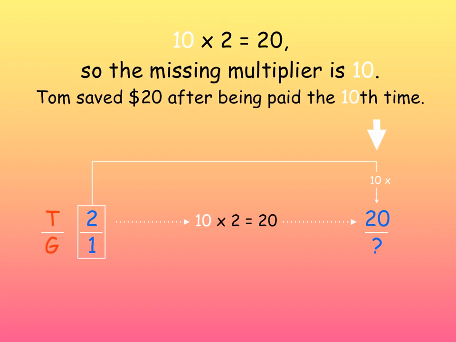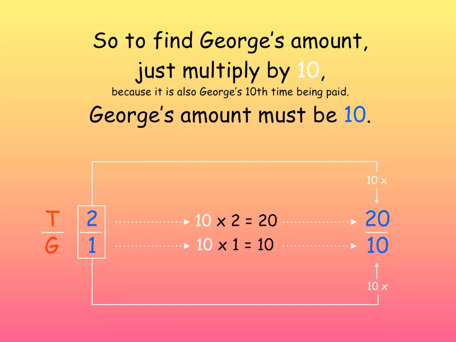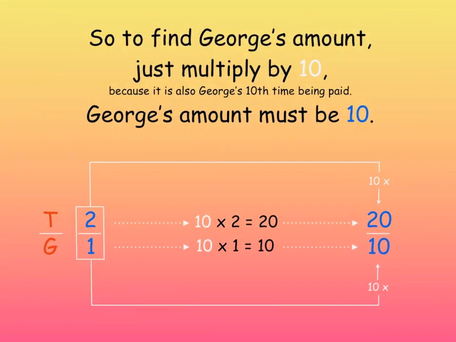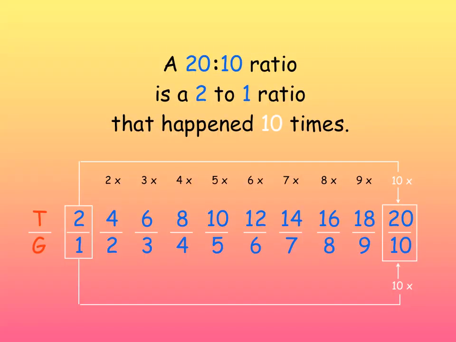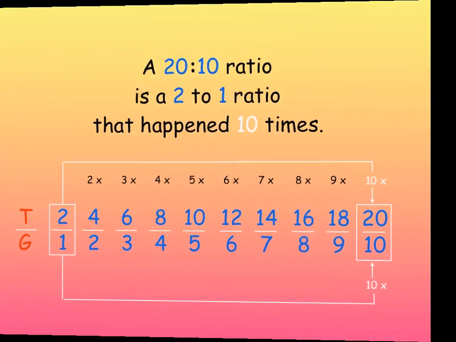Tom saved $20 after being paid the 10th time. So, to find George's amount, just multiply it by 10, because it's also George's 10th time being paid. George's amount must be 10. A 20 to 10 ratio, here it comes, is a 2 to 1 ratio that happened 10 times.